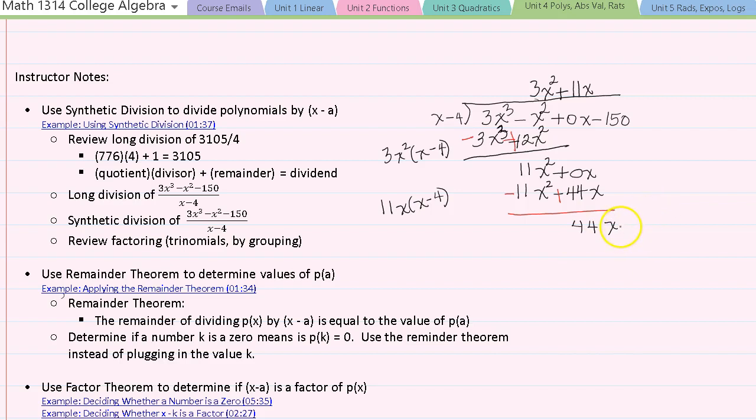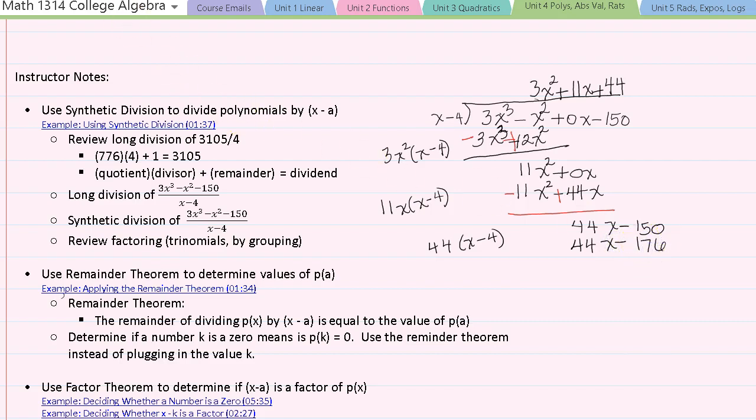We bring down the negative 150 and divide again. X times what will give me 44x? Write 44 in the quotient and multiply 44 times x minus 4 and get 44x minus 176. Change the sign, and add like terms. We find that we have a remainder of 26.